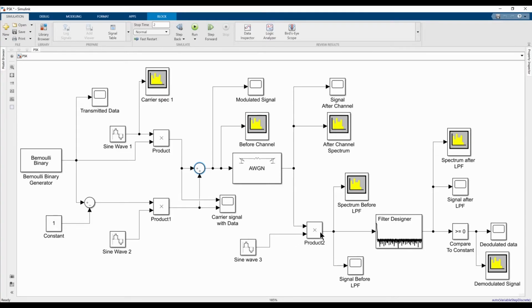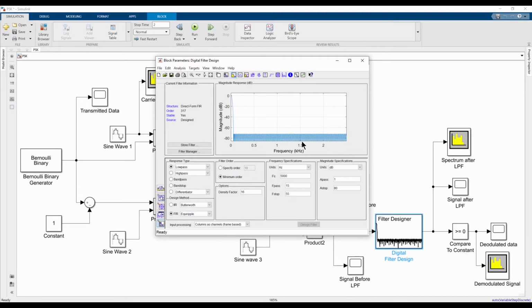So here we did the product again, and after that we need to design the filter. The filter design is the same as the previous one. If you see the FSK part, it's similar to that. We use the same pass band, but you can always change the value to make it more efficient.